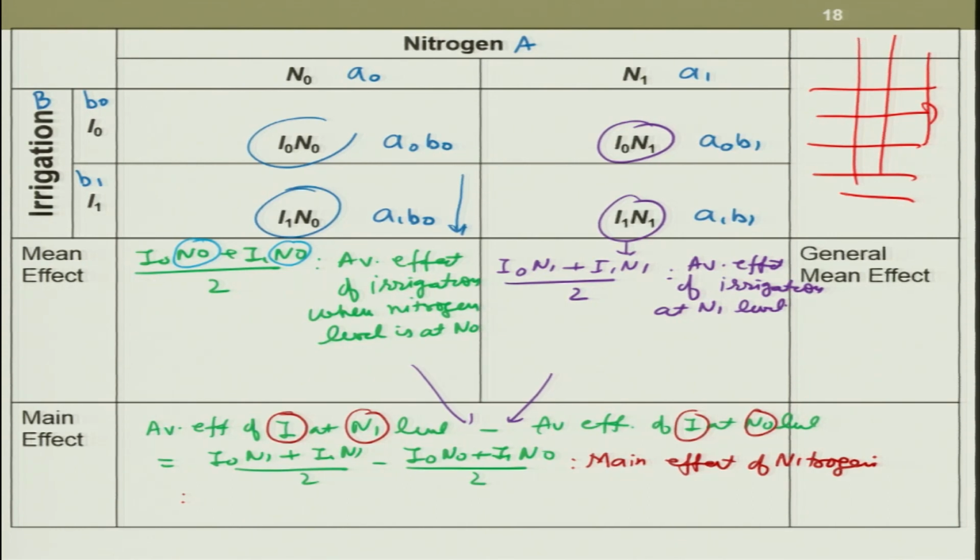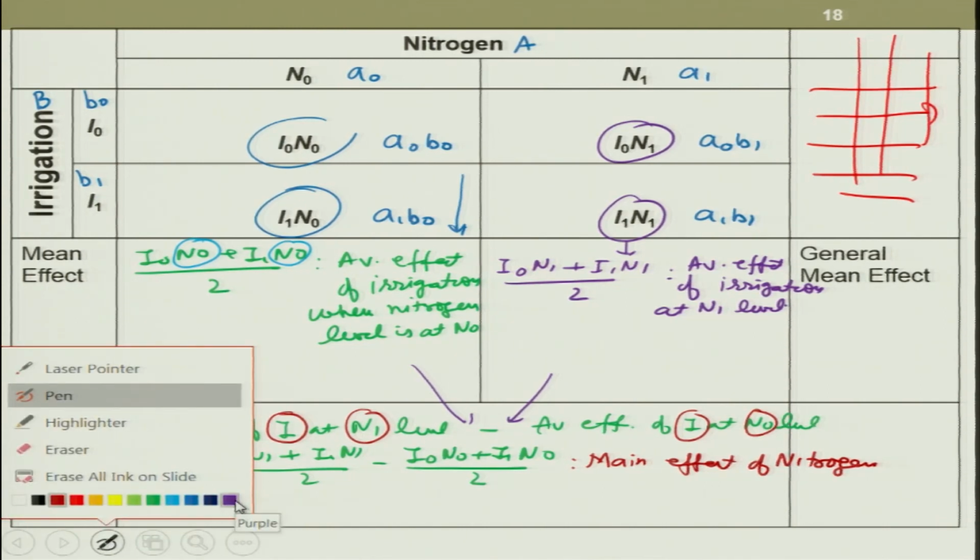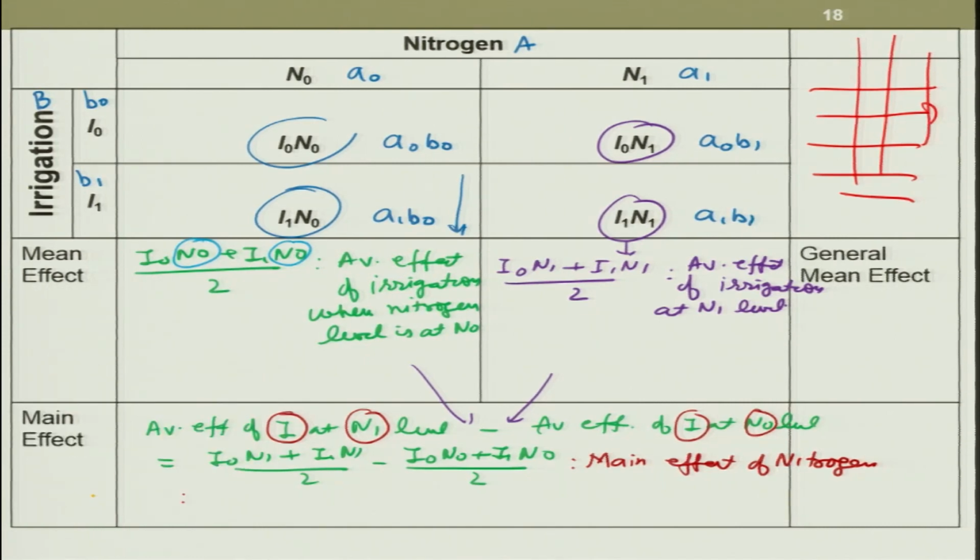And if you write down the same expressions in the framework of A0, A1, B0, B1, I will write them in this orange color. You can see the mean effect becomes A0 B0 plus A1 B0 divided by 2, and this becomes A0 B1 plus A1 B1 divided by 2.